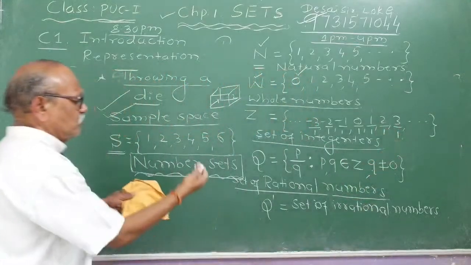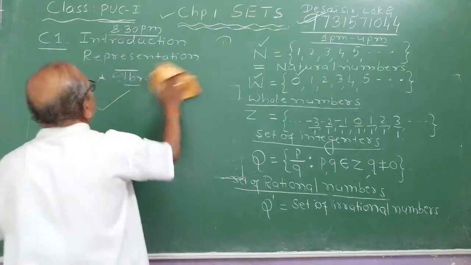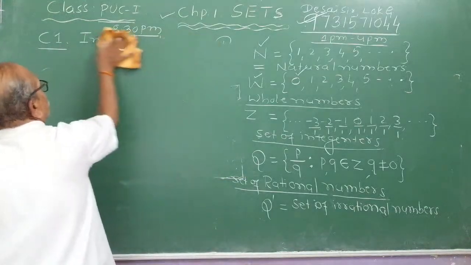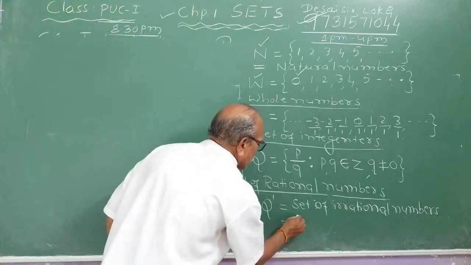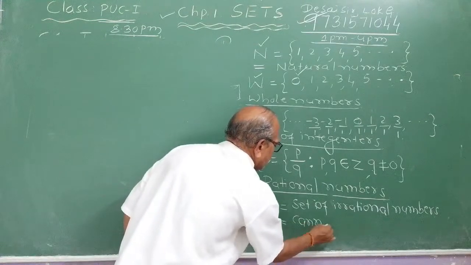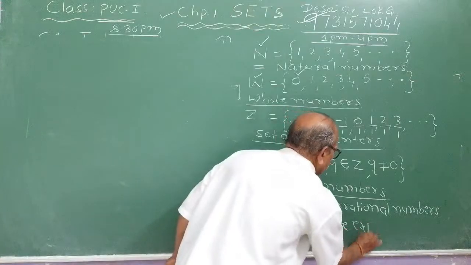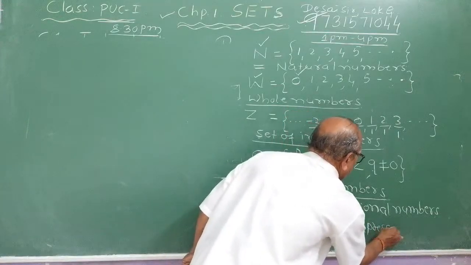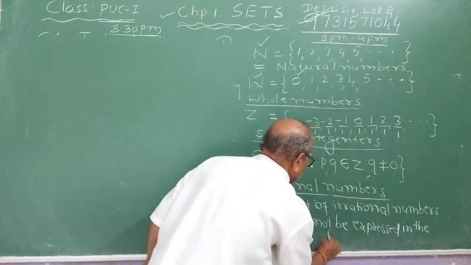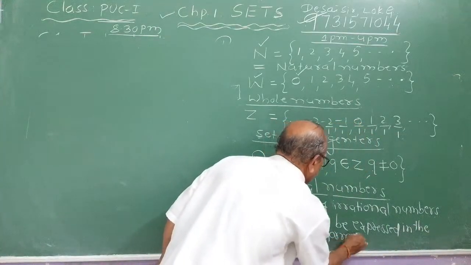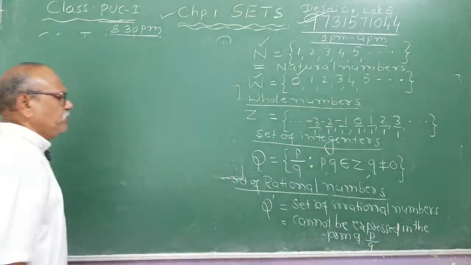These number sets will go on increasing, right? And this particular set is further extended to what are called irrational numbers. Irrational numbers cannot be expressed in the form of p by q.